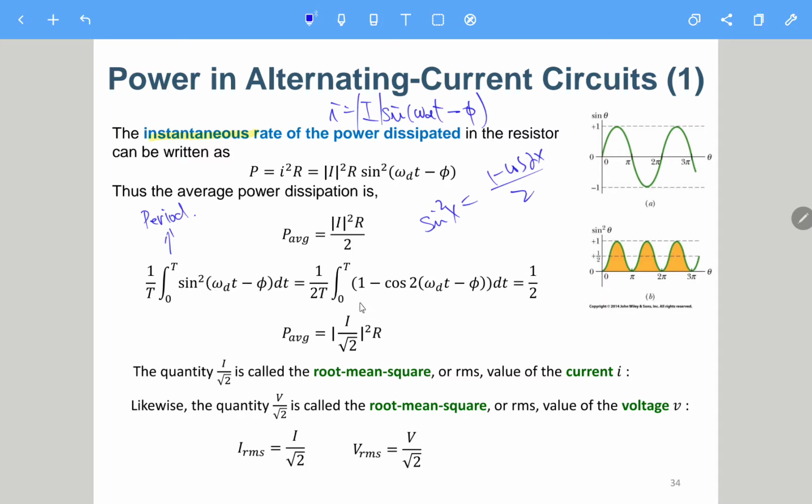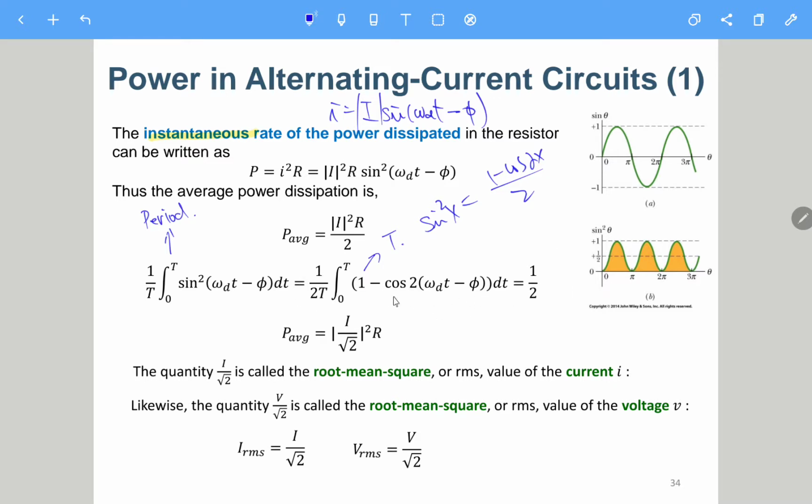So in that case, we can calculate these two terms quickly. For this one, the integration of 1 is t, and then you evaluate from 0 to T, so it becomes T. This T will cancel the other T. So finally, we have 1/2.